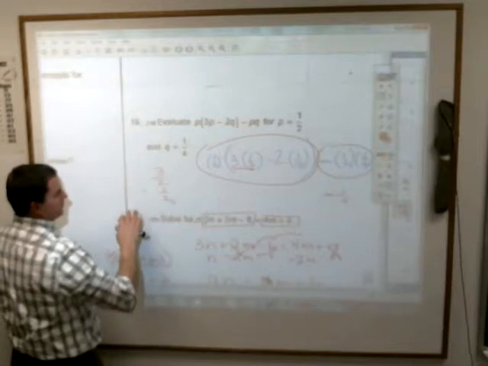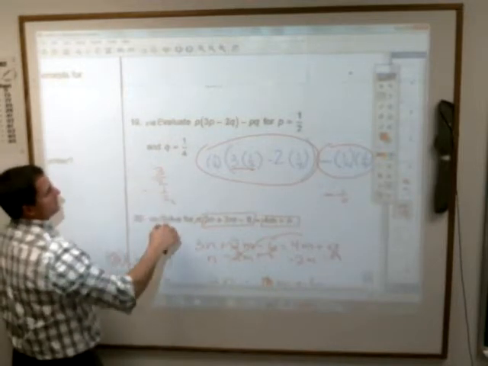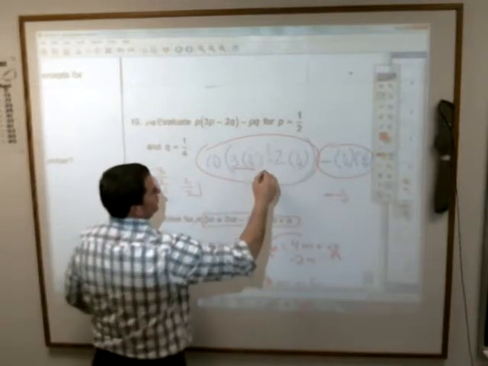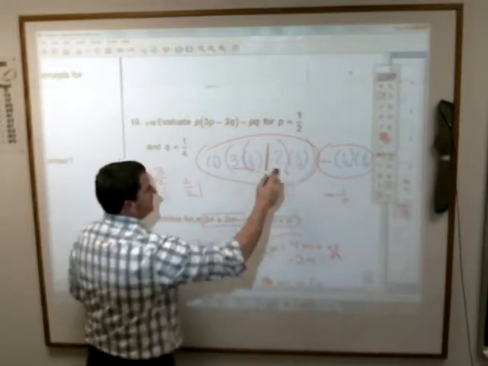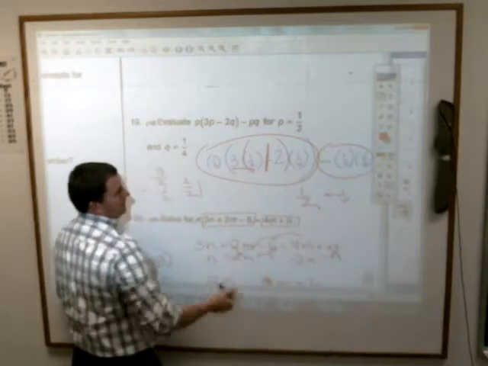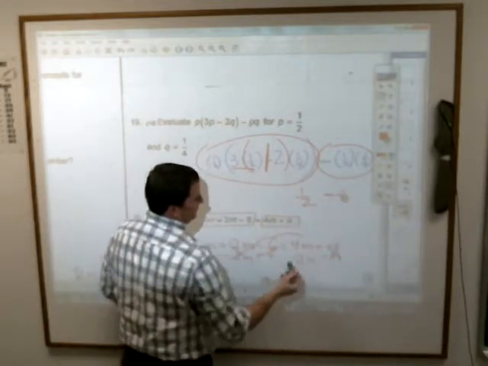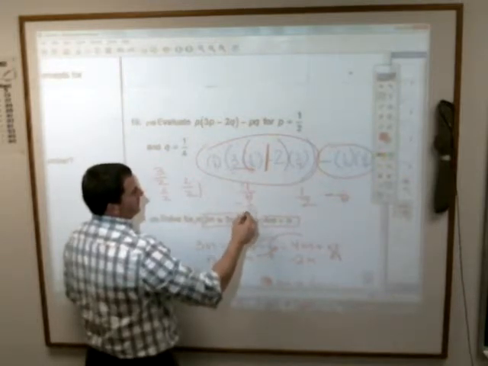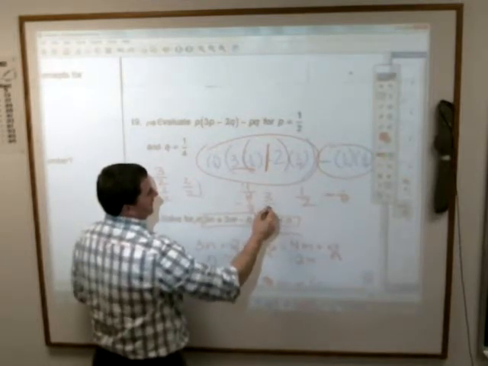Sorry to burst your bubbles there. 3/2 minus 1/2 is 2/2, which is 1, so this parenthesis is 1. Times 1/2 is 1/2. And then 1/2 minus 1/8, which is 4/8 minus 1/8, and you end up with 3/8.